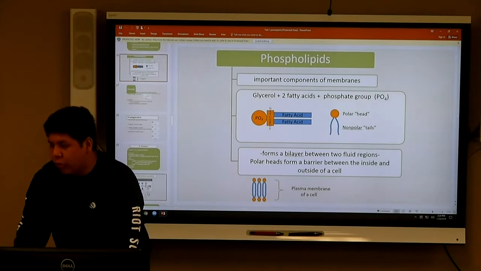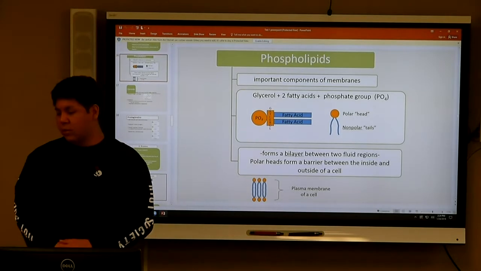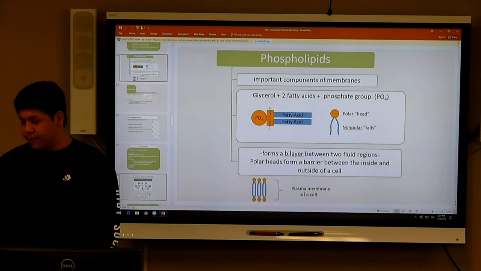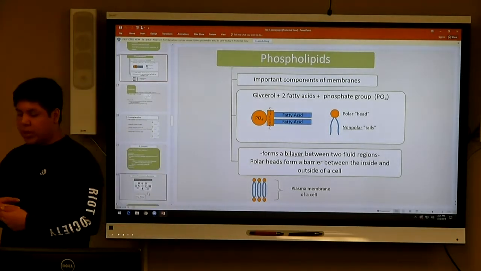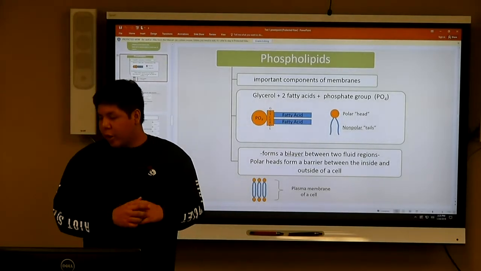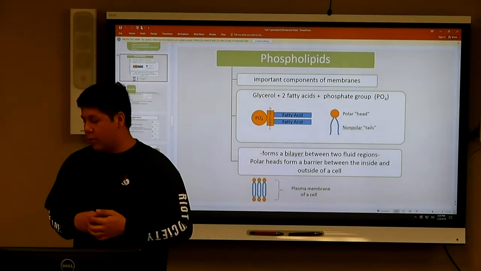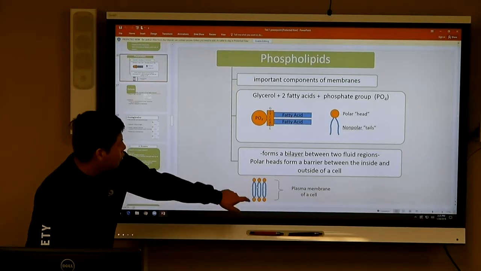Phospholipids are important components of membranes: glycerol plus 2 fatty acids plus a phosphate group. They form a bilayer between 2 fluid regions. Polar heads form a barrier between the inside and outside of a cell, like this right here.